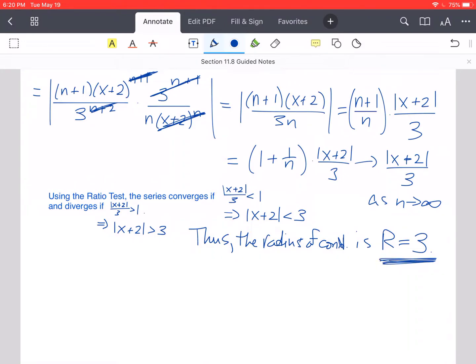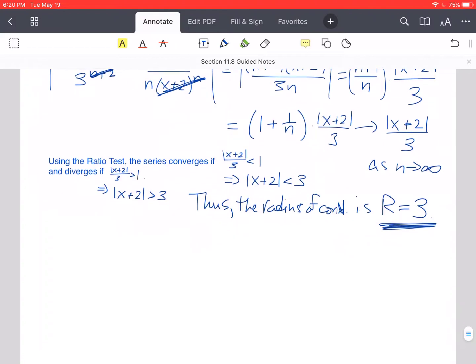Because we're comparing that distance to 3 here. That distance is less than or greater than 3. That's where we're looking. So that radius, that distance away from the center.